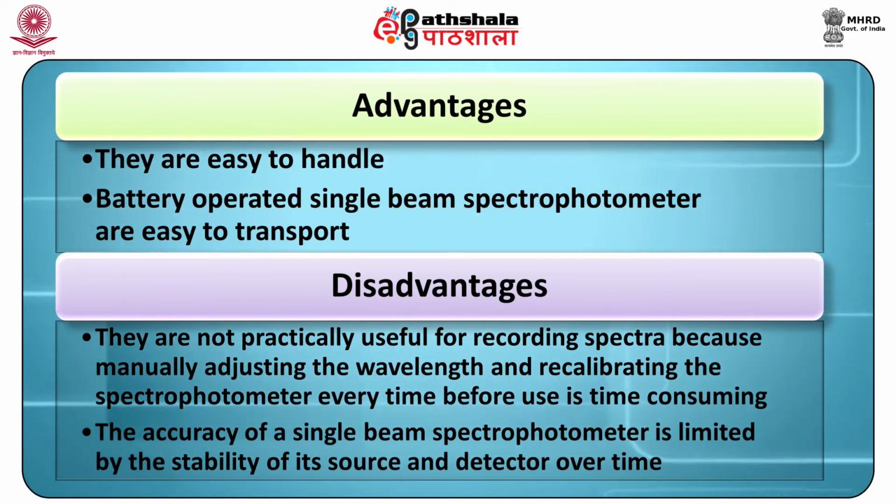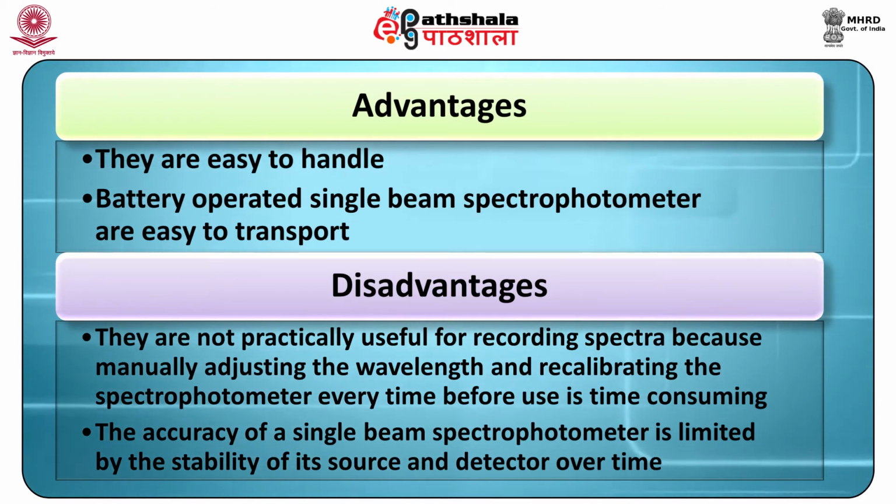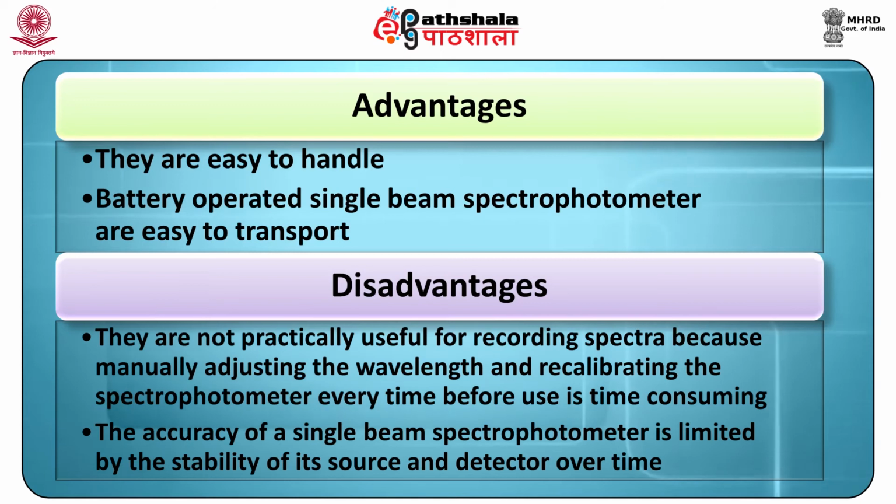They are not practically useful for recording spectra because manually adjusting the wavelength and recalibrating the spectrophotometer every time before use is very time consuming. The accuracy of a single beam spectrophotometer is limited by the stability of its source and detector over time.